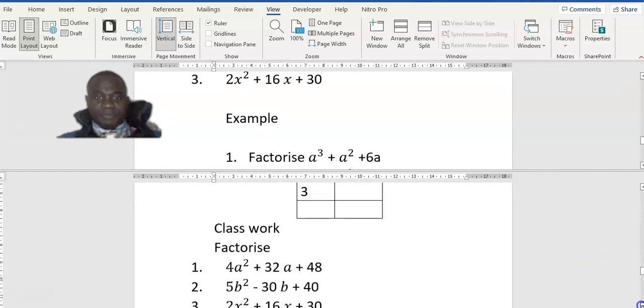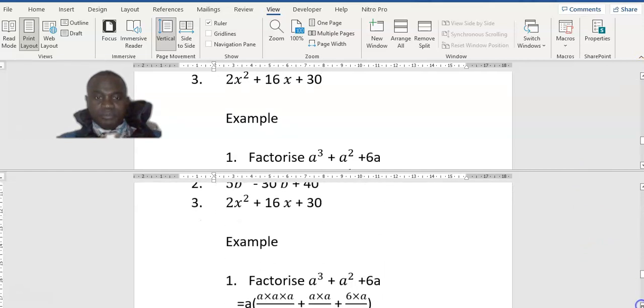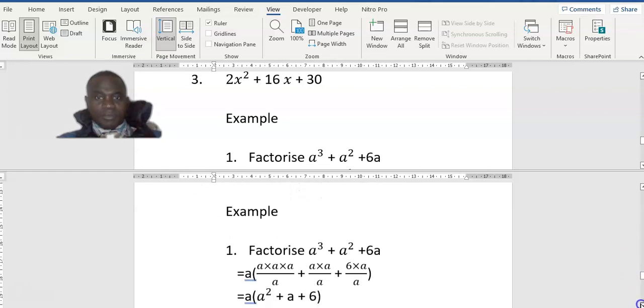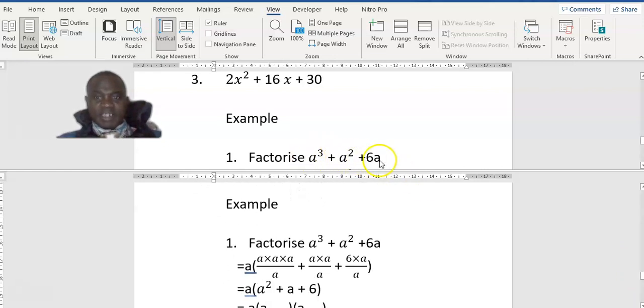If I have this one, it is not a trinomial because this is to the power 3. A trinomial should have 3 terms, like a to the power 2 plus a plus b, or plus 1, or plus any number.